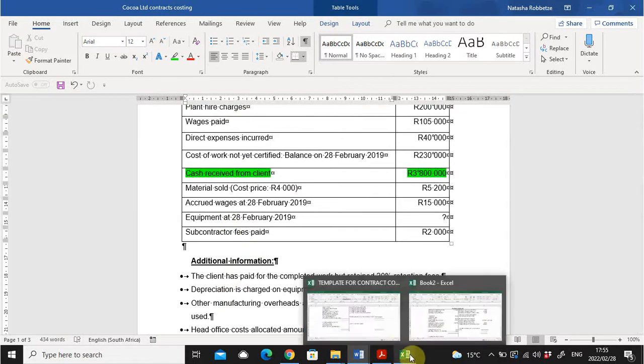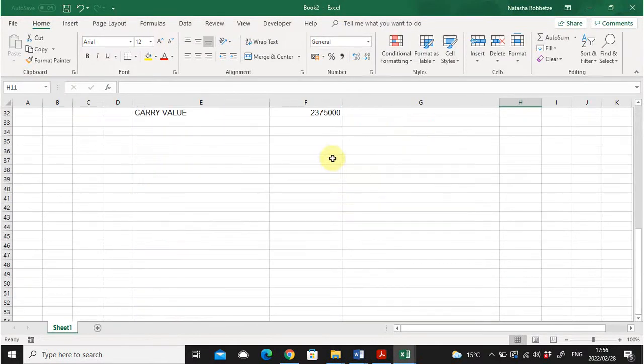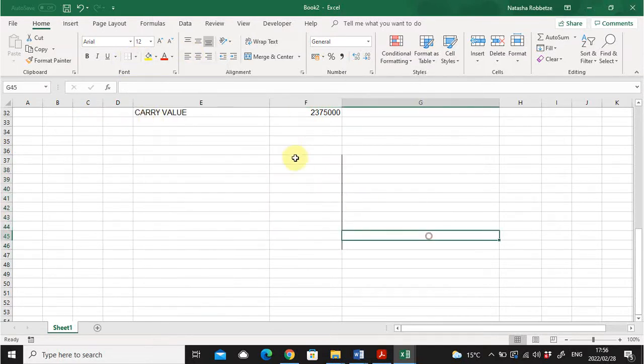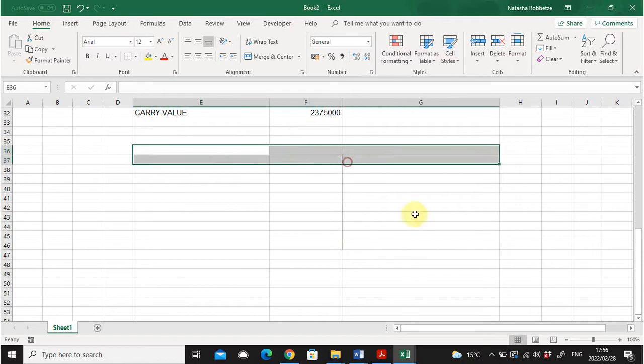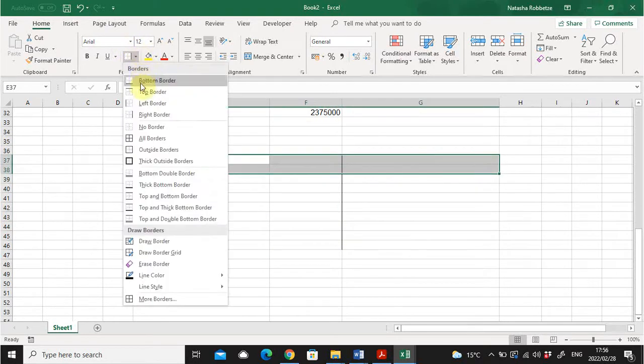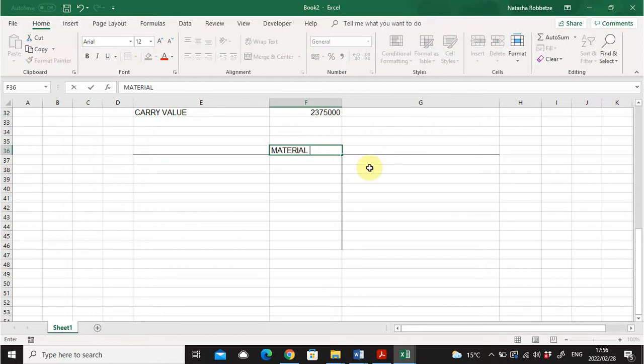Right. So for direct material used, we can basically draw a T account that only relates to material because now this calculation should only be based on material. So here I'm going to just say material or direct material, you can call it.